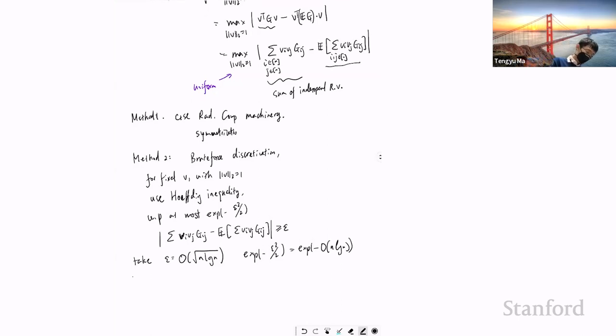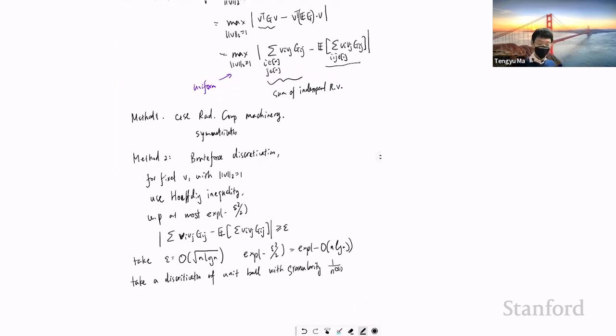And then you take a discretization of the unit ball with granularity something like 1 over poly n. Right, this is what we did.